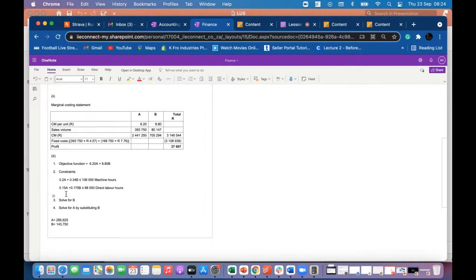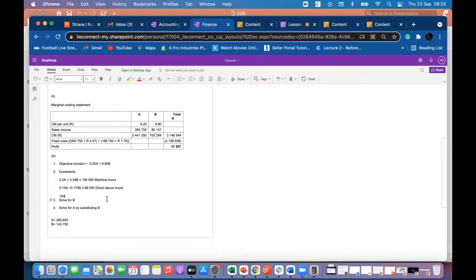Then here we do our calculations as well to say, how much direct labor hours to produce 1 unit of A? If we look there, again, you can see what they've done is they said 1,000 units takes up 150 direct labor hours.